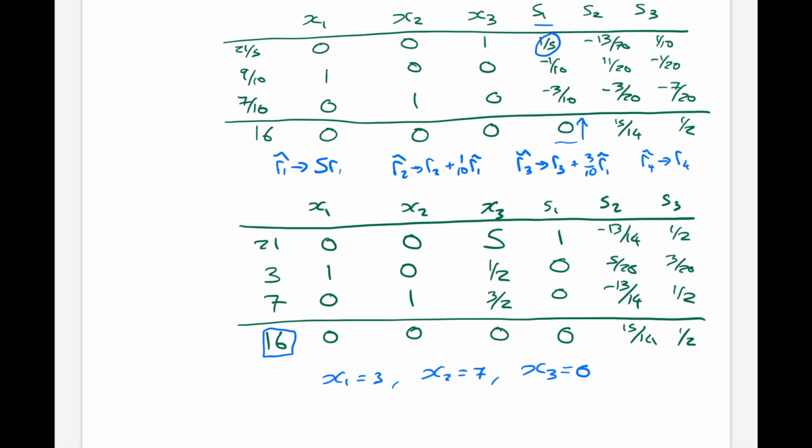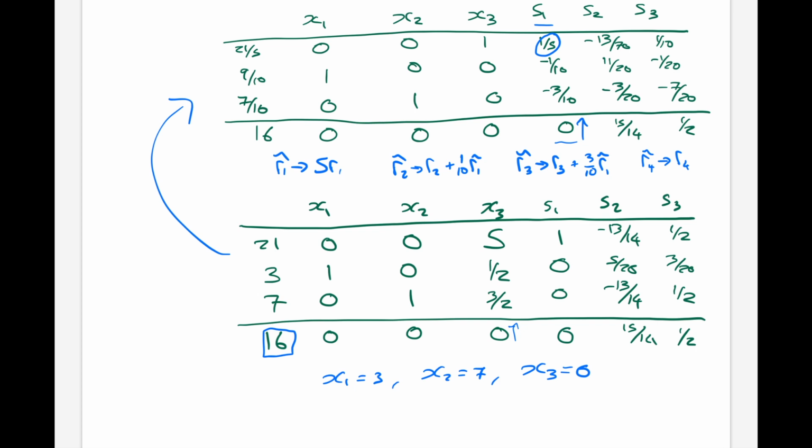Now you can check what would happen if we were to pivot again. We would take the column that is non-basic with a 0 in the objective row. That would be x3, so we would pivot here, and that would eventually make x3 basic again, and we would jump back to this tableau and we just alternate between the two. So these two are both optimal solutions.